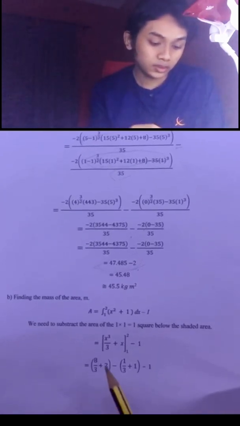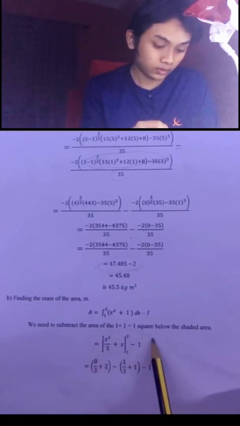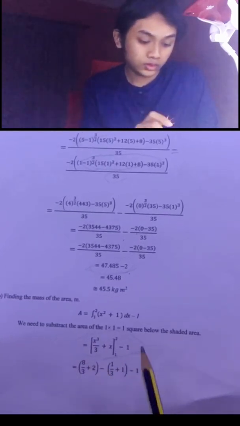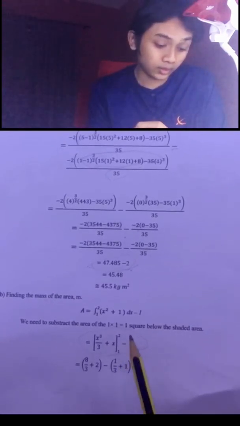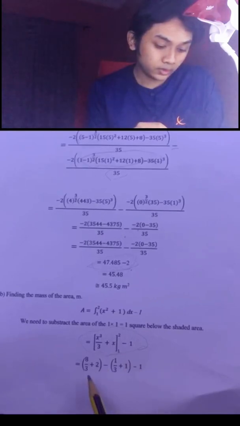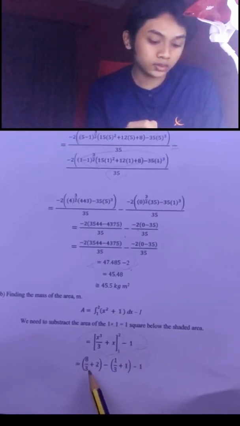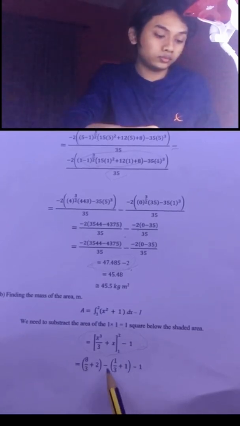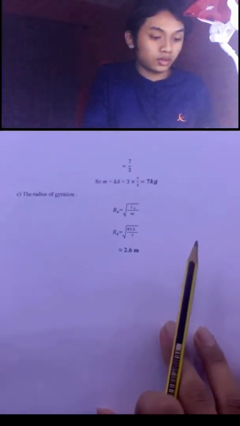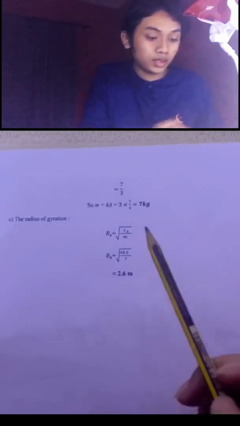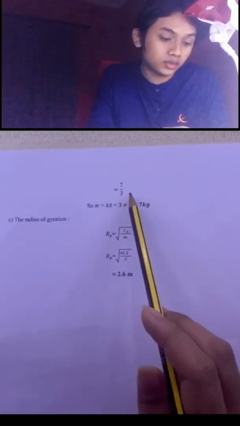So we get the value of this one, and we substitute the value of 2 and 1 and we get 8 over 3 plus 2 minus 1 over 3 plus 1 minus 1, and we solve the value and we get 7 over 3. So the area is 7 over 3.